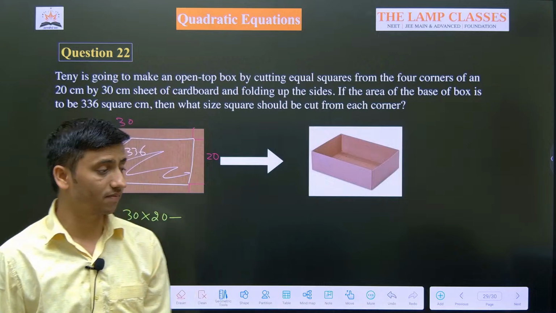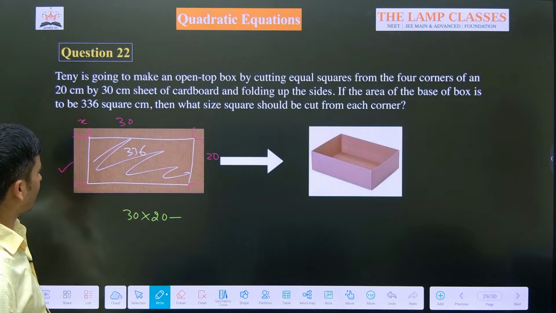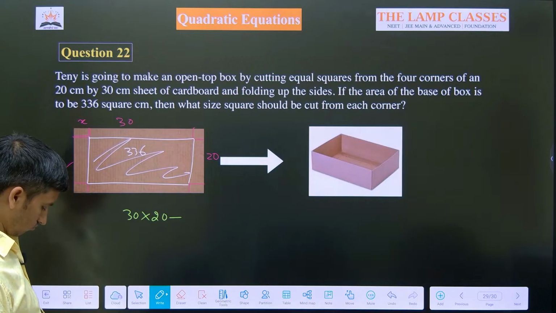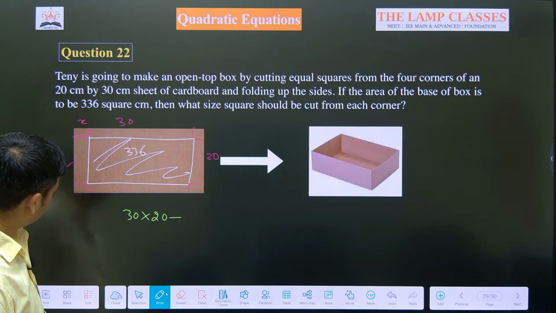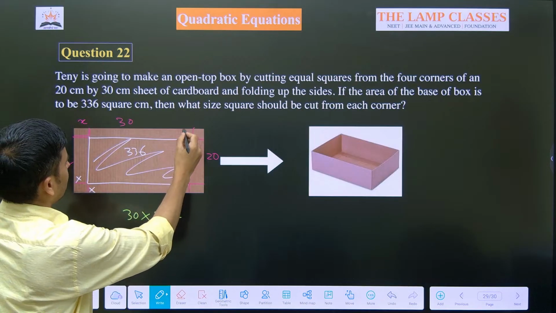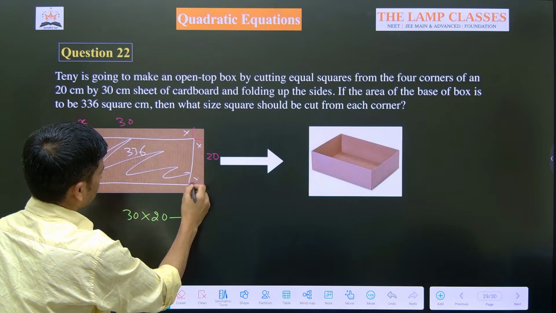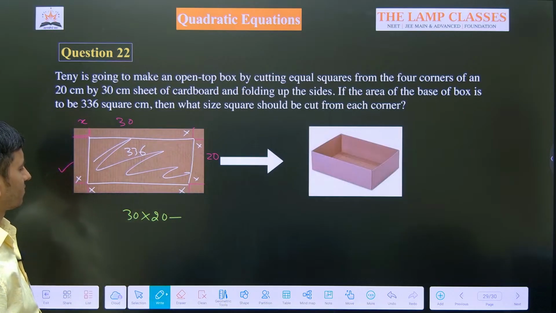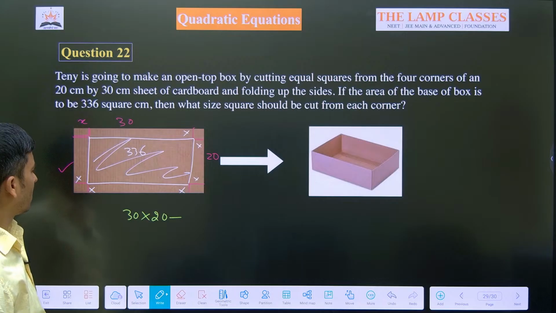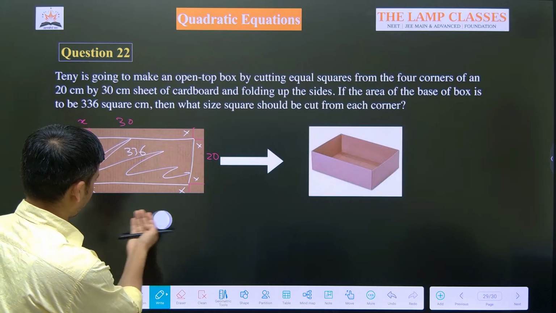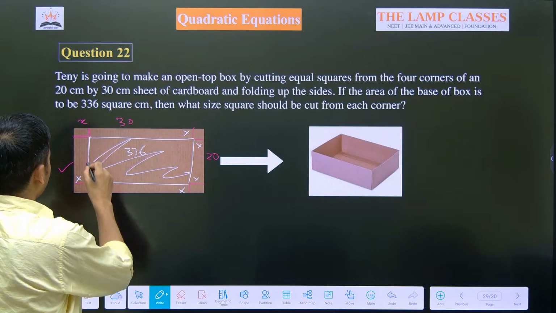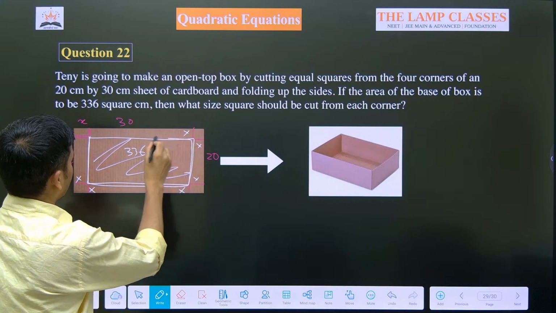Now let's frame the equation. This is x, this is x, this is x, this is x, this is x, and this is x. Let's find out that area.